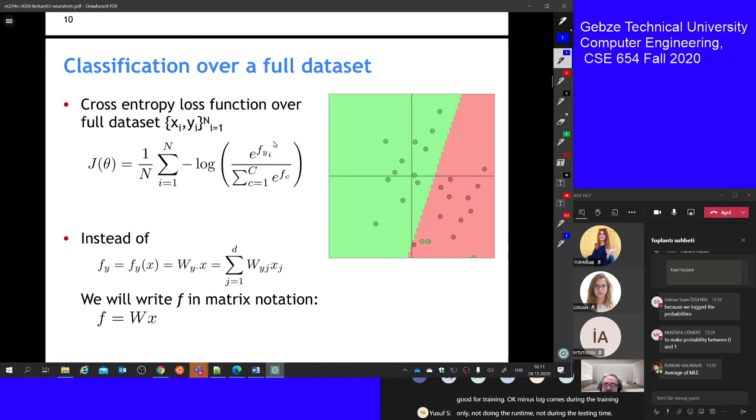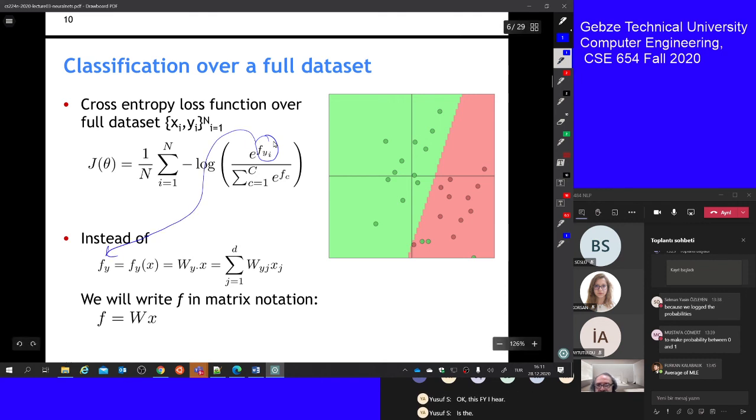Okay, this fyi here is the same as this one. I take f to the power. Again, the upper part is positive, the lower part is positive. The division is going to give you a number between 0 and 1.